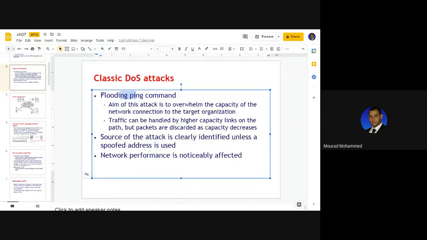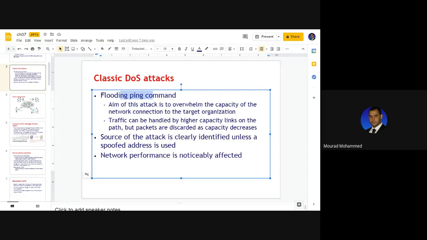The ping of death is one of the very famous attacks, and it is done to flood. It is utilized to flood a network device and put it into a state that it cannot reply to legitimate requests. Thus, we talk about flooding the ping command.